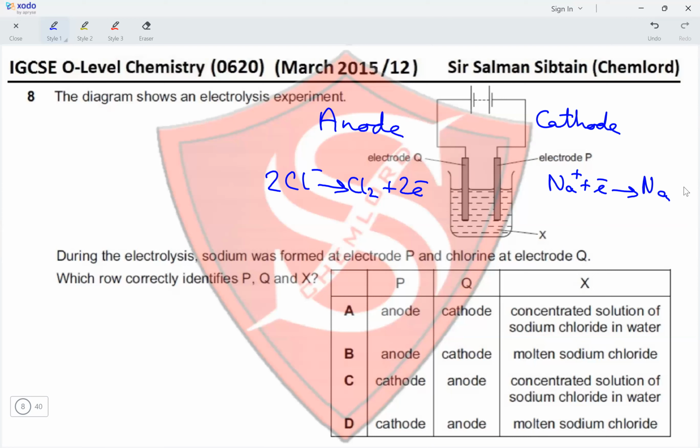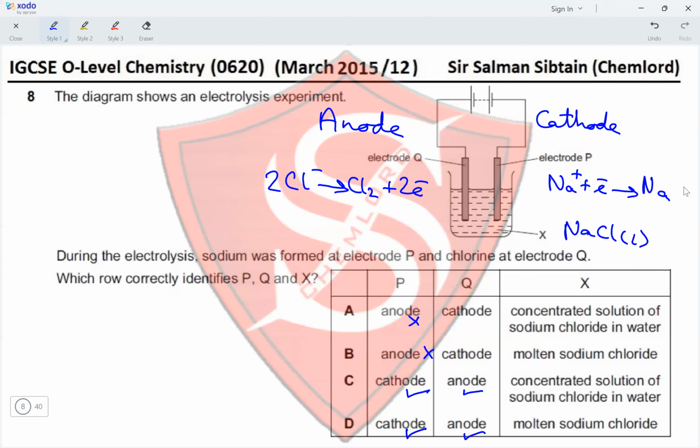Which row correctly identifies P, Q, and X? So P is the cathode, eliminating options A and B. Q is the anode, and X, the electrolyte, should be molten NaCl, because had it been NaCl dissolved in water, instead of sodium, hydrogen gas would have been produced, whether the solution of NaCl was dilute or concentrated.